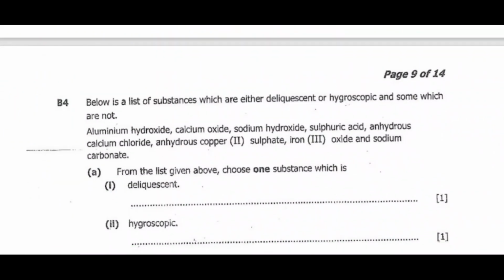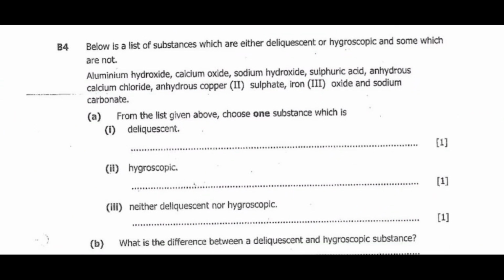Now we can go to question B4. Below is a list of substances which are either deliquescent or hygroscopic, and some of which are not: aluminium hydroxide, calcium oxide, sodium hydroxide, sulfuric acid, anhydrous calcium chloride, anhydrous copper(II) sulfate, iron(III) oxide, and sodium carbonate.